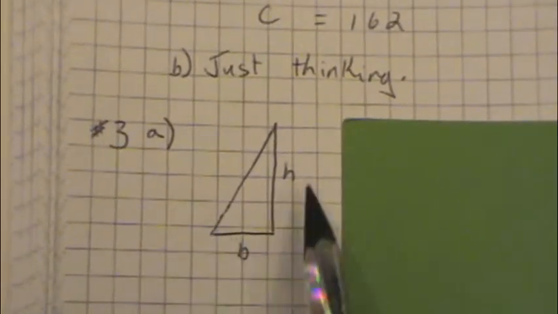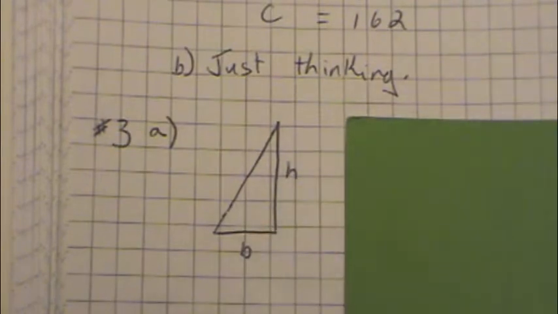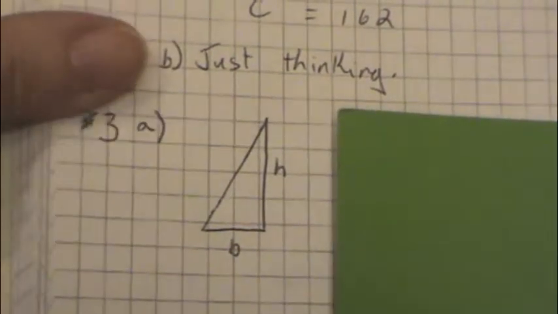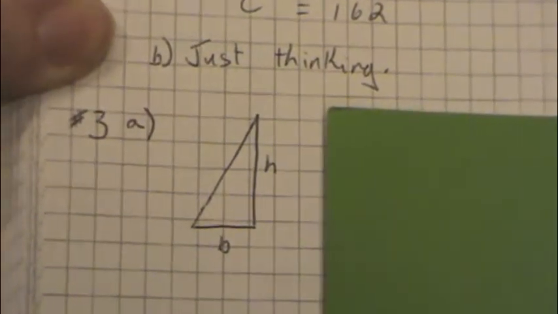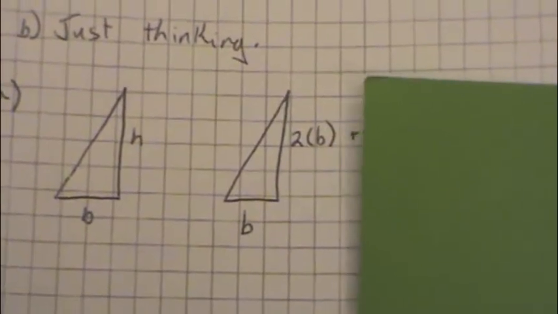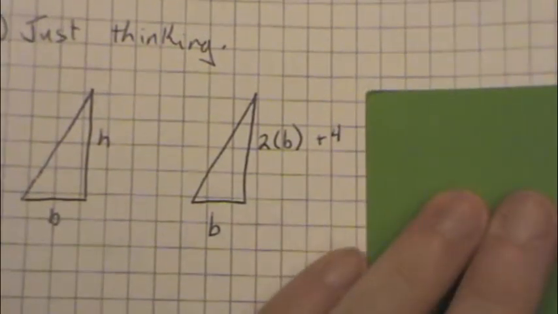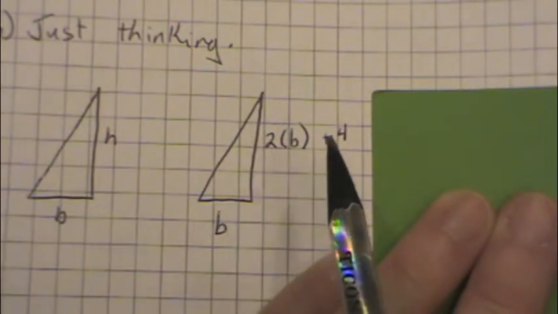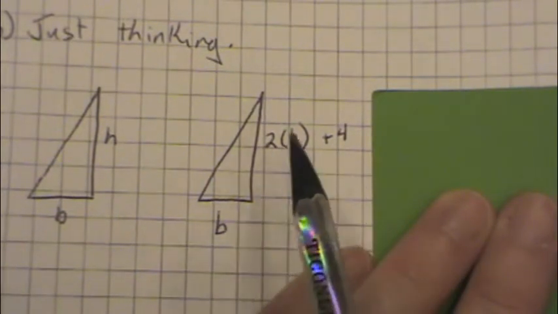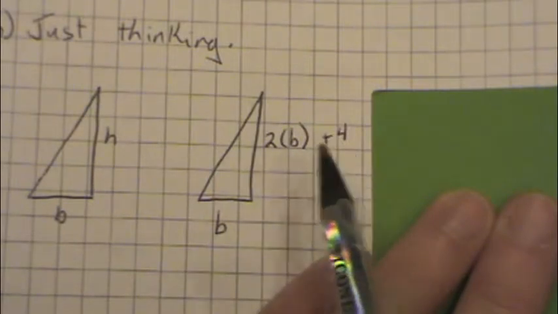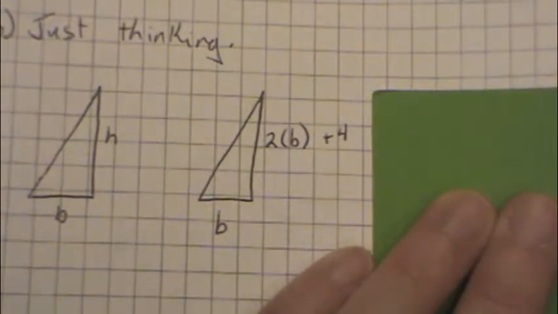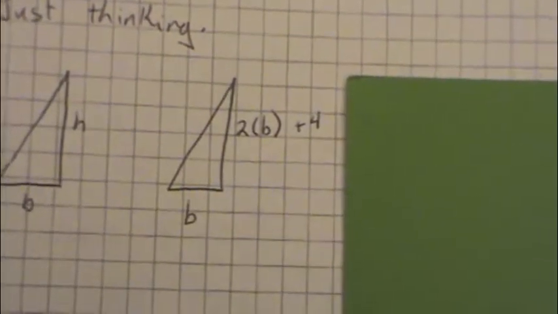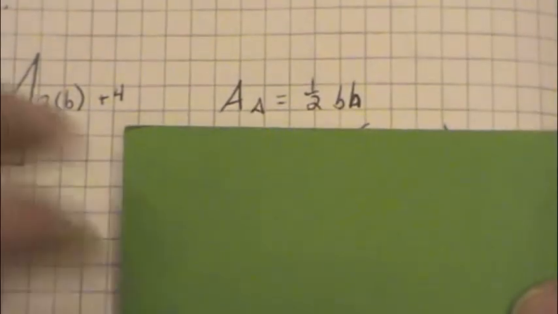So we know that to figure out the area of a triangle, we need the base and the height. They tell us in the problem that in this triangle, the height is twice the base plus 4. So substitute in 2b plus 4 for height in your equation. And that will look like this.